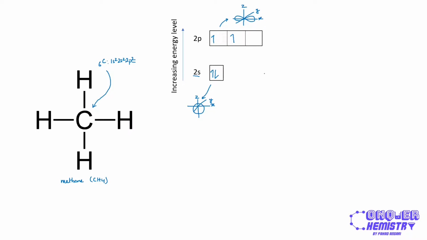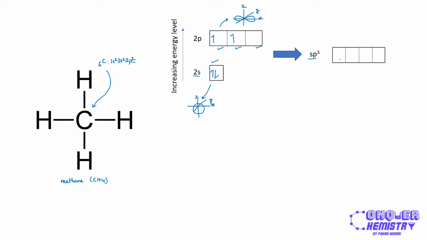So this is the electronic configuration of carbon, but before it forms any bonds with the other hydrogen atoms in methane, what happens is these 4 orbitals in the second principal quantum shell are going to mix together. So you have one 2s orbital and 3 2p orbitals that are going to mix together to give you 4 new orbitals, which are going to be called sp3 orbitals, right?